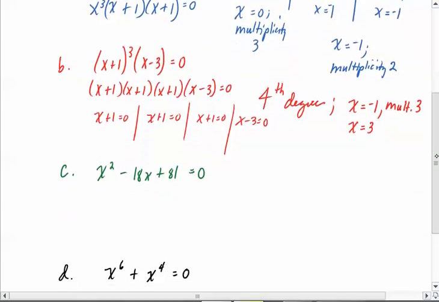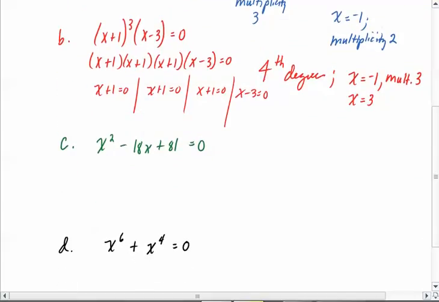Okay, let's take a look at another one. All right, so now on this one, I do have a constant at the end, so I could do the p's and q's thing to figure out all the possible roots, and then I would use synthetic division to figure out which ones possibly worked. It would be all the possible rational roots.